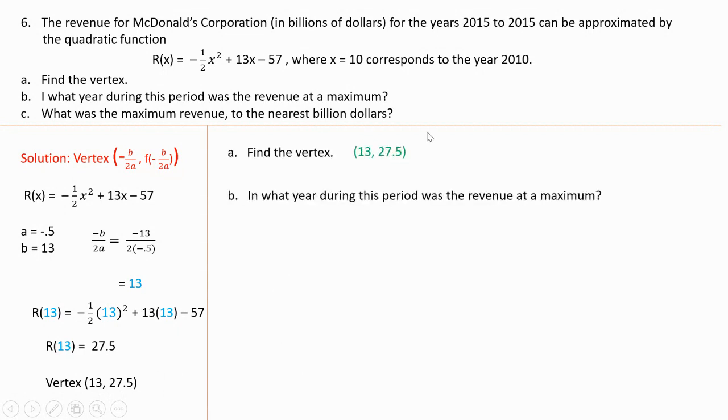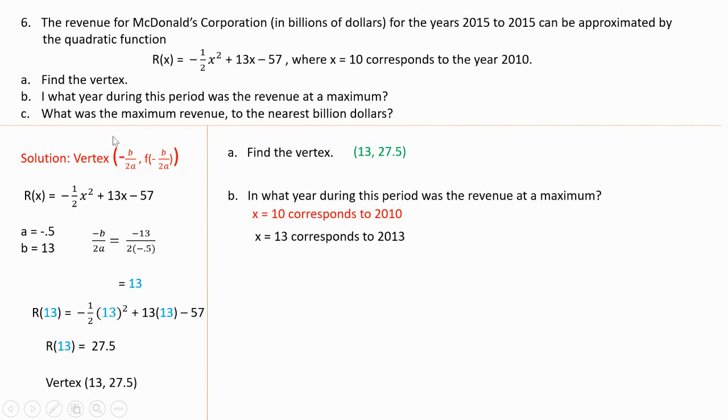Now the answer for B is going to be 13. But let's go back to the condition they're giving here. It says x equals 10 corresponds to the year 2010. So 13 corresponds to the year 2013. So the answer will be 2013. If you put 13 on the homework in MyMathLab, it's going to come out wrong.